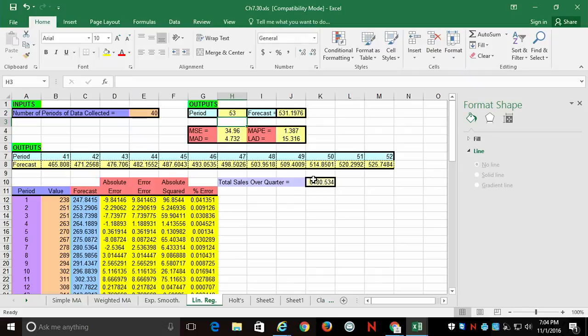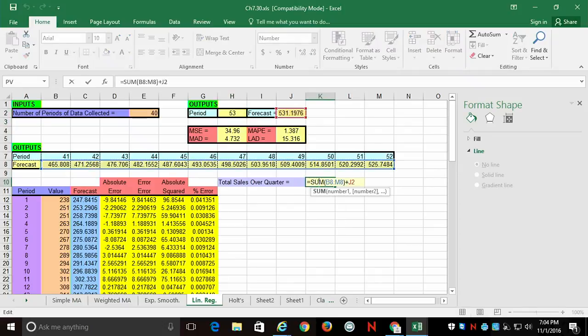So it looks like they summed those 12 weeks plus whatever it is for week 53. The total sales over the quarter are 6.4 million, because that's in thousands. So 6.4 million is our forecast.